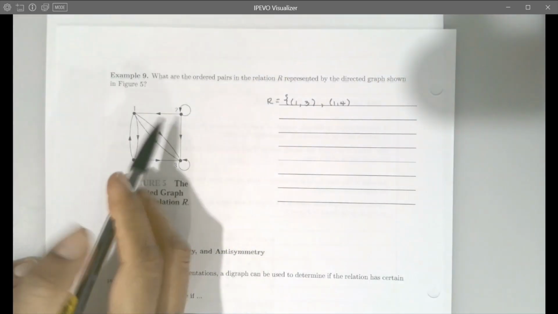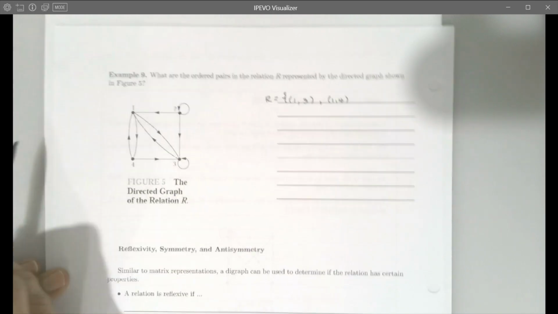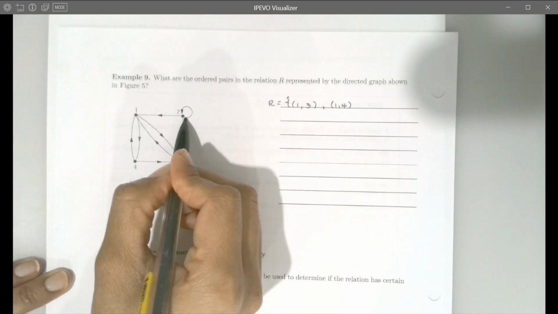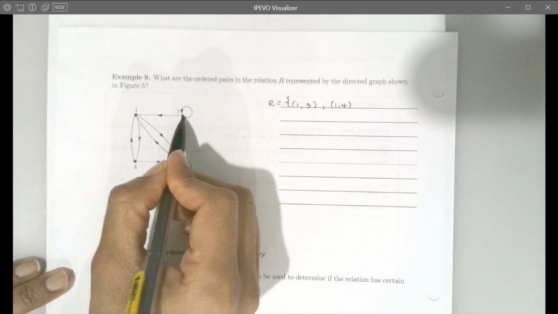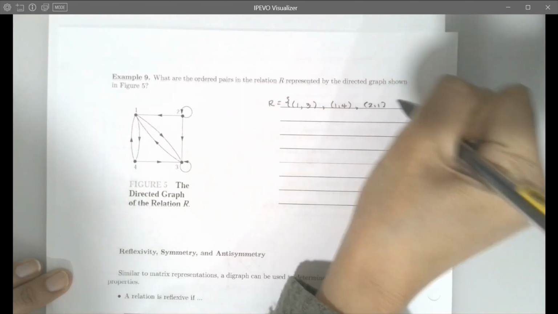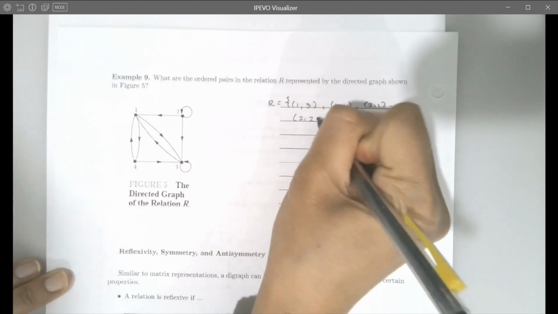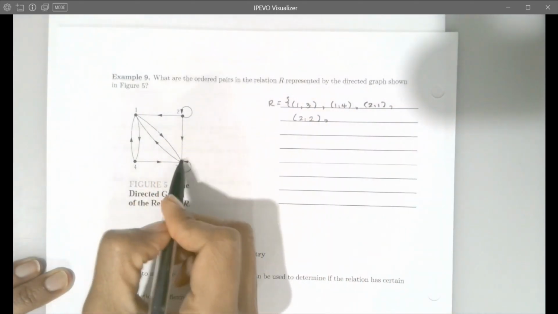From there, we've taken care of all of the edges that are emanating from 1. If we take a look at 2, there are 3 edges that emanate from 2. There is 2 to 1, 2 to itself, so that'd be a 2 to 2. We also have a 2 to 3.